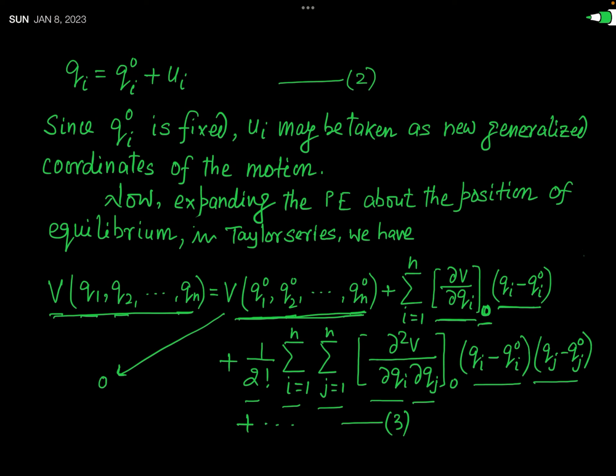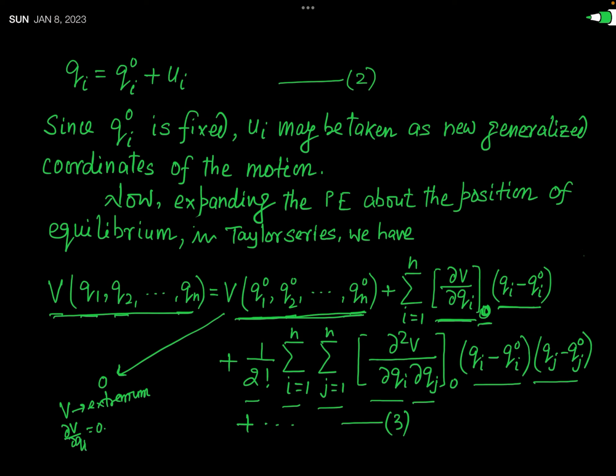Again, now see the second term. As you know, this del V by del Qi at 0 means at the equilibrium position. And you know that this V is extremum at the equilibrium position. And if V is extremum, then del V by del Qi will be what?